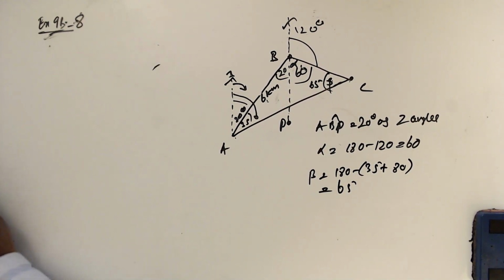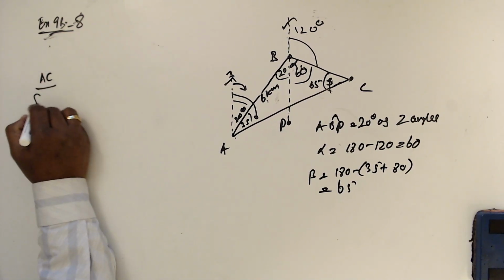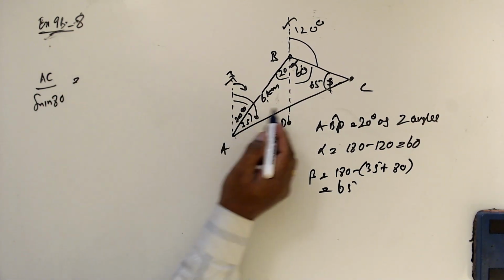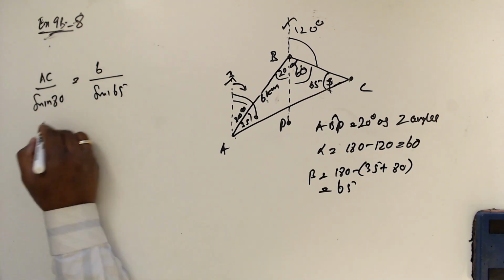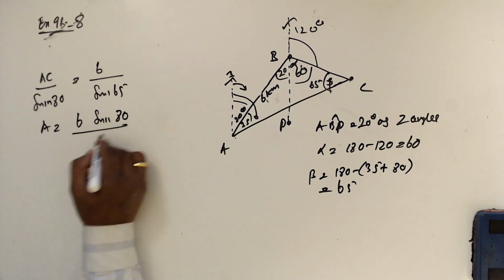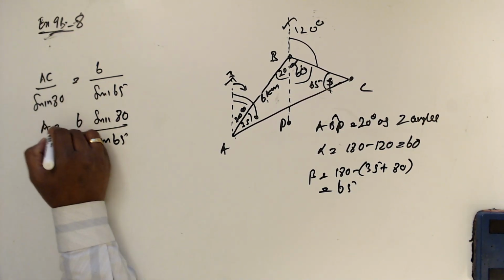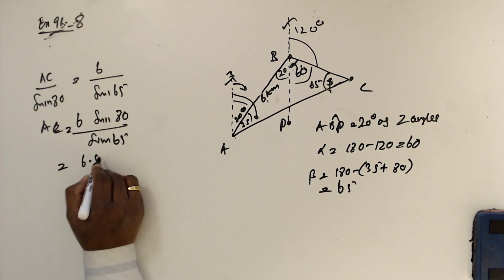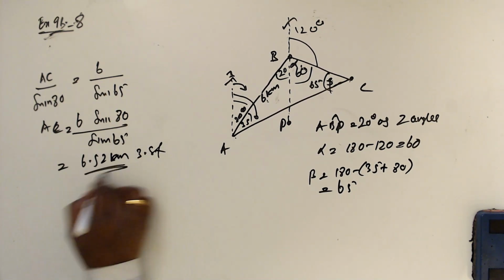Now I can write AC over sine 80 equals 6 over sine 65. AC equals 6 sine 80 over sine 65, which is 6.52 km to 3 SF.